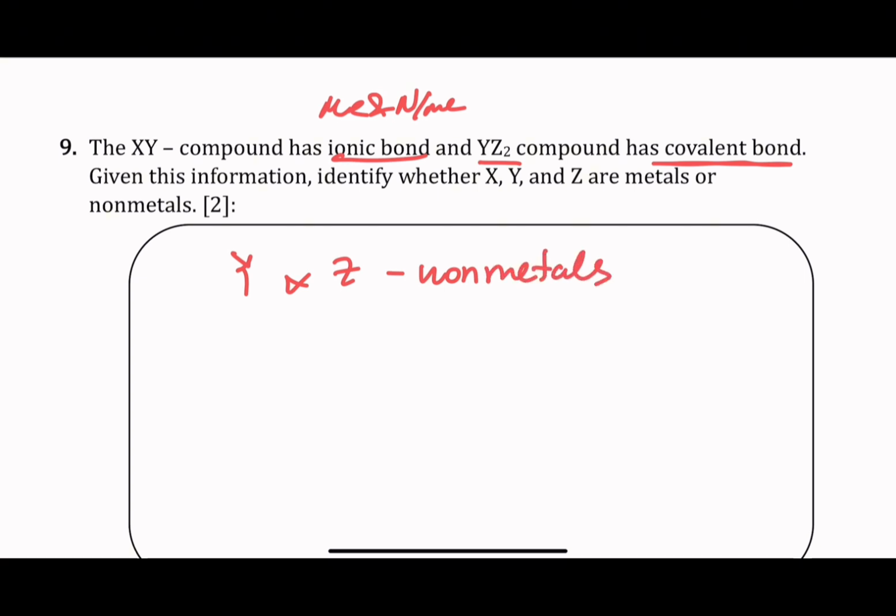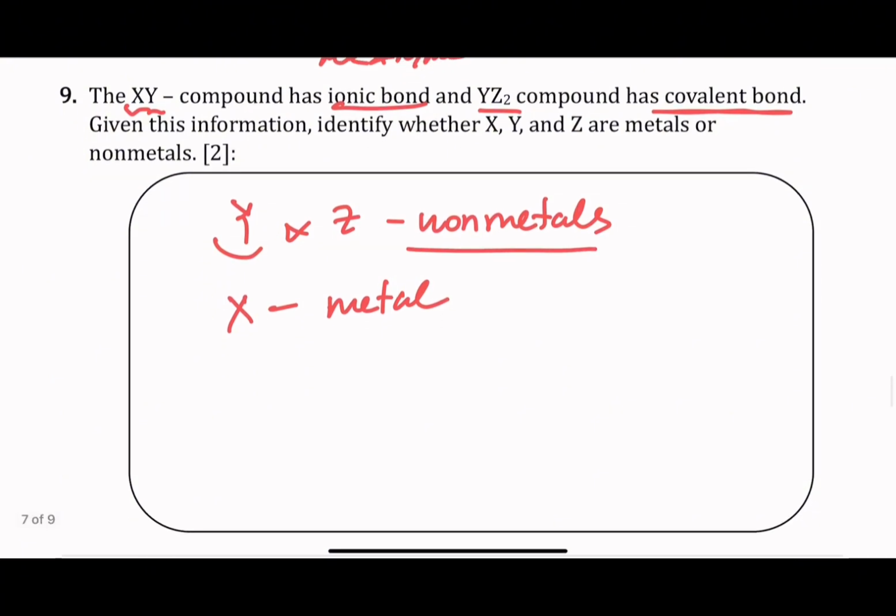And we know that in here, either Y or X has to be a non-metal. So we already know that X and Y is an ionic bonding. So X is going to be metal because we defined the Y to be non-metal. So that's what you have. Y and Z are going to be non-metals. X is going to be the metal.